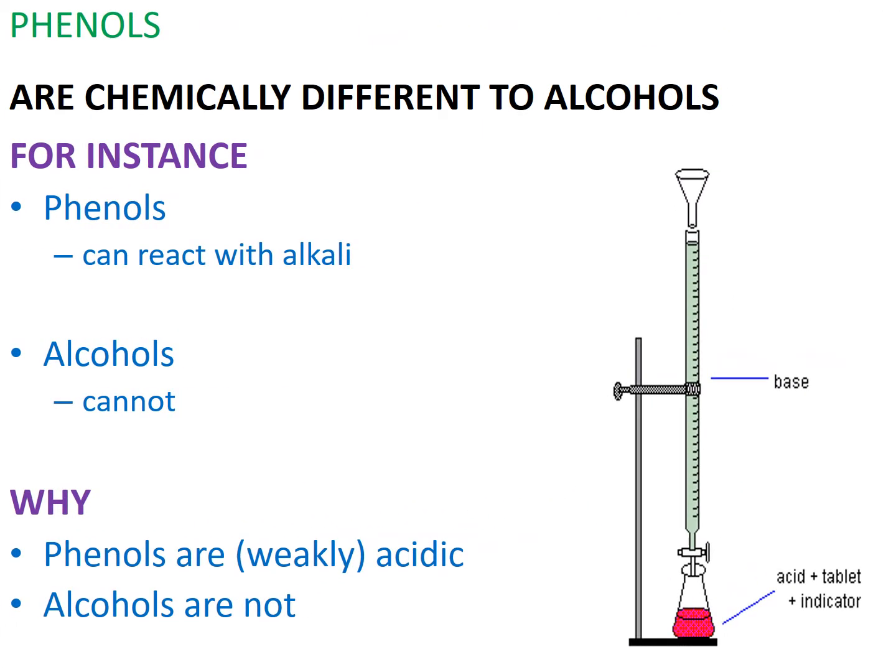The second chemical difference between phenol and alcohol is that phenols can react with alkali, alcohols cannot. The reason why is because phenols are weakly acidic, alcohols are not. The reason why phenols are more acidic than alcohols is because phenols can lose their protons much easier than an alcohol.